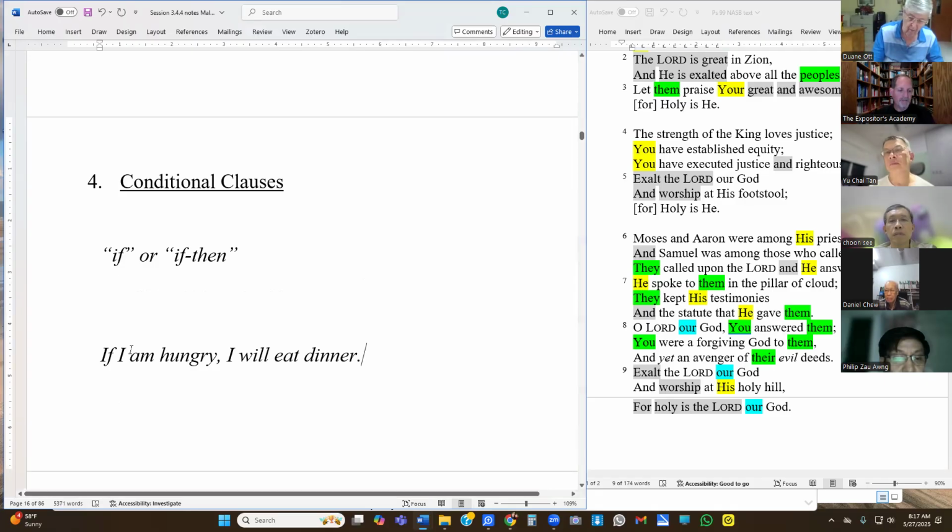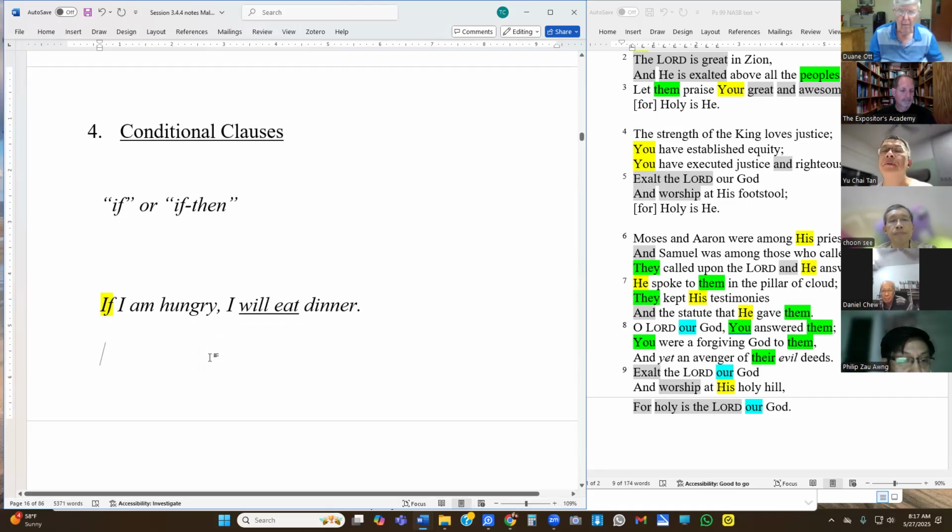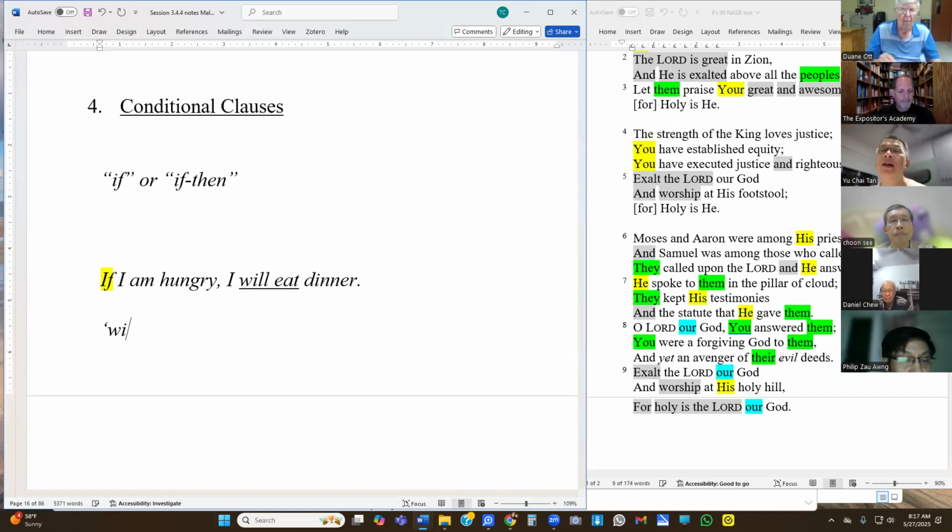The if here presents a condition for the action. The action, the verb, is I will eat. And notice if we were to do a parsing of I will eat, what are the three characteristics of that verb? It will be a future tense.